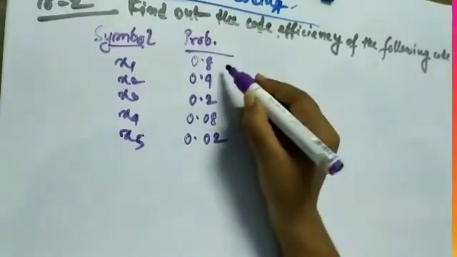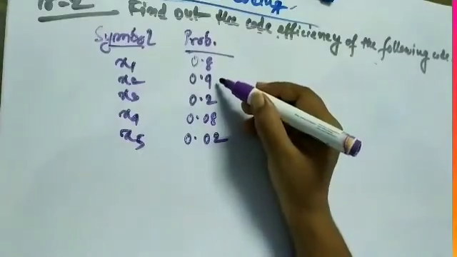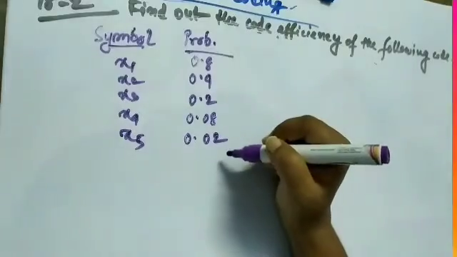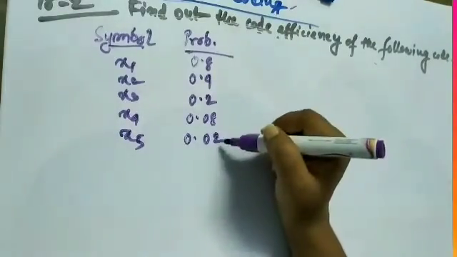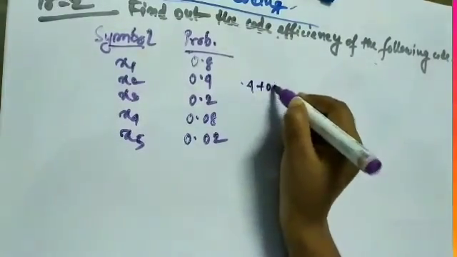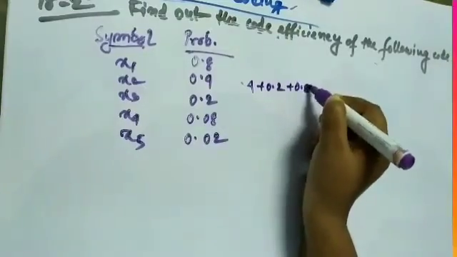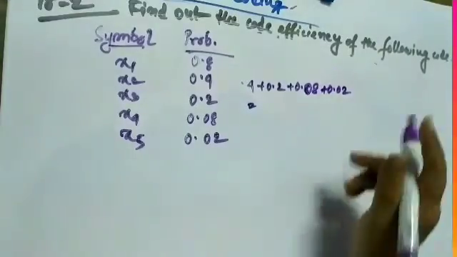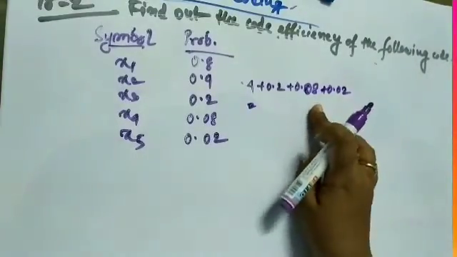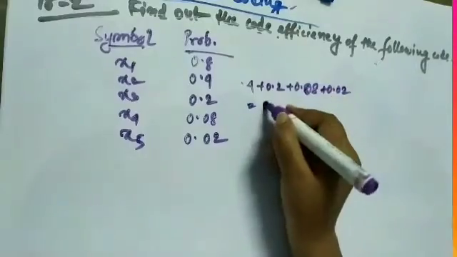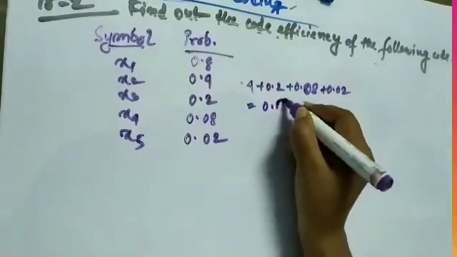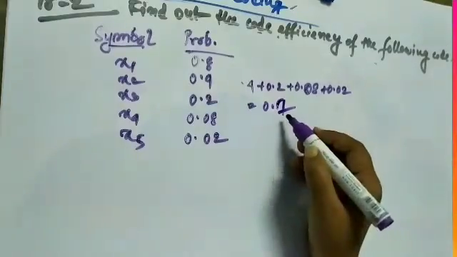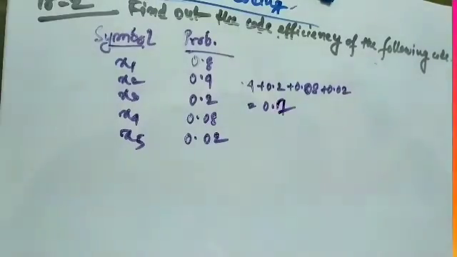So here this is first, and after adding all these, that is 0.4 plus 0.2 plus 0.08 plus 0.02, what will be the value? When added, it is 0.7, and it is near about 0.8.